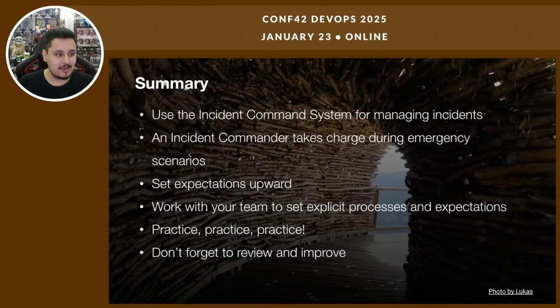So, in a summary of everything we've seen in this talk, it is this. First, use the incident command system for managing your incidents. Second, make sure that there's an incident commander that can take charge during emergency scenarios.